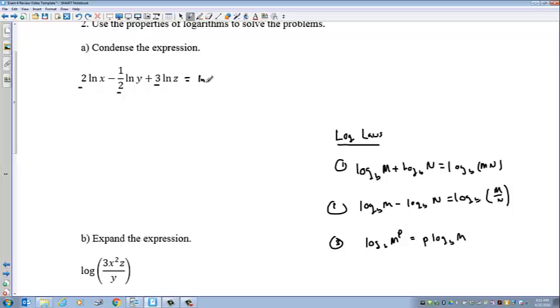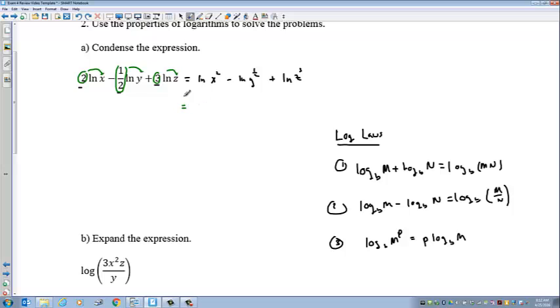This is the same as ln of x squared minus ln of y to the 1/2, and then plus ln of z cubed. You can just take these products, 2 times x, 2 times... 1/2 times y, 3 times z, and write them right up into the powers. That's just by rule 3.